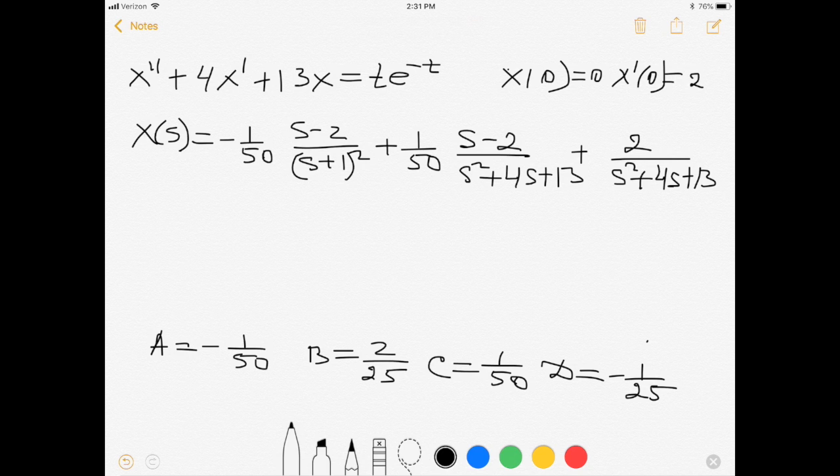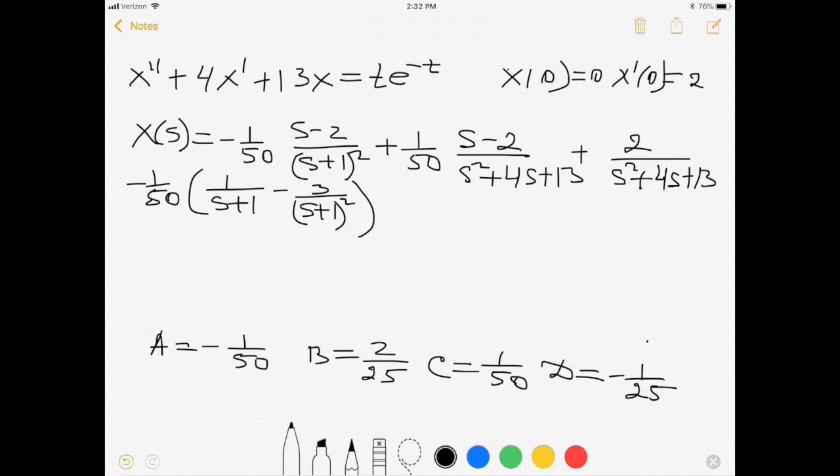For the first fraction, we don't need any s in the numerator. We're doing our last trick: add 1, subtract 1, simplify, and then we have minus 1 over 50, and here I have 1 over (s plus 1) minus 3 over (s plus 1) squared.